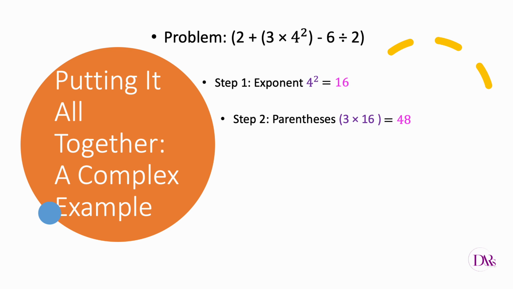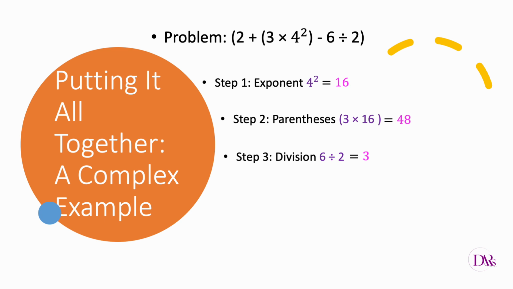Let's keep it up. So next, after the parentheses, we are looking at the division. So the division is 6 divided by 2. Yes, that equals 3. Very good, mathematicians. We're on a roll now. Your superpowers are getting stronger.